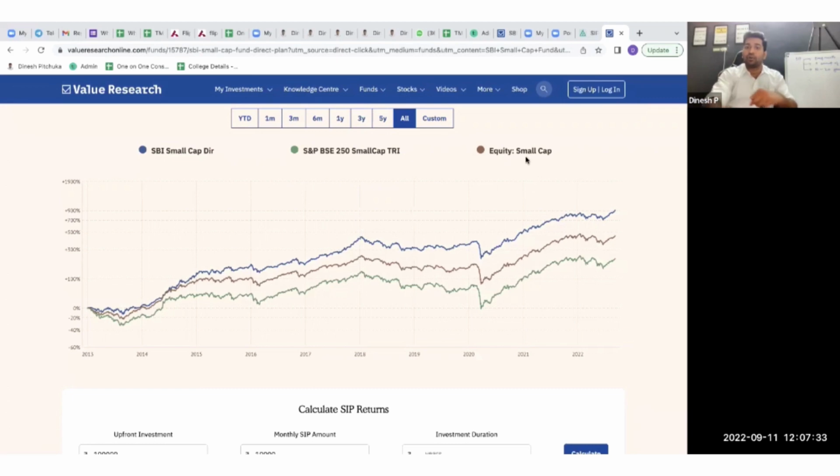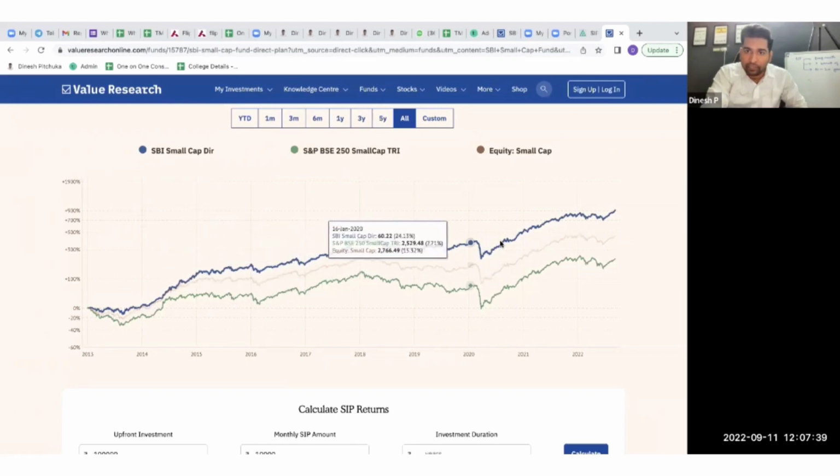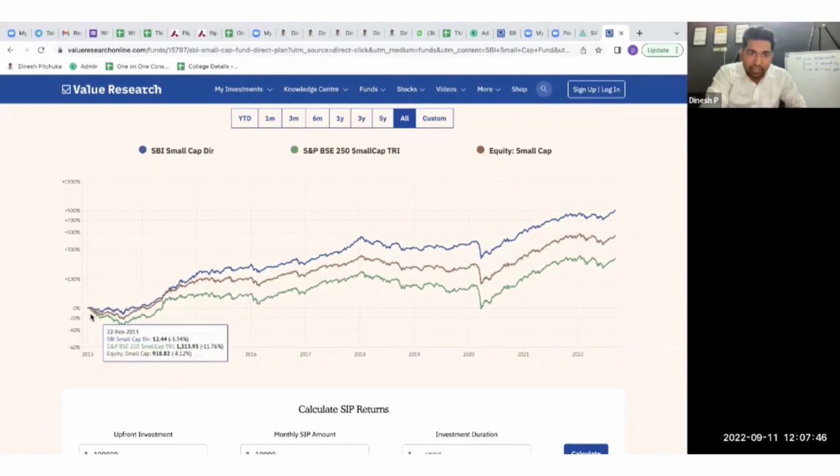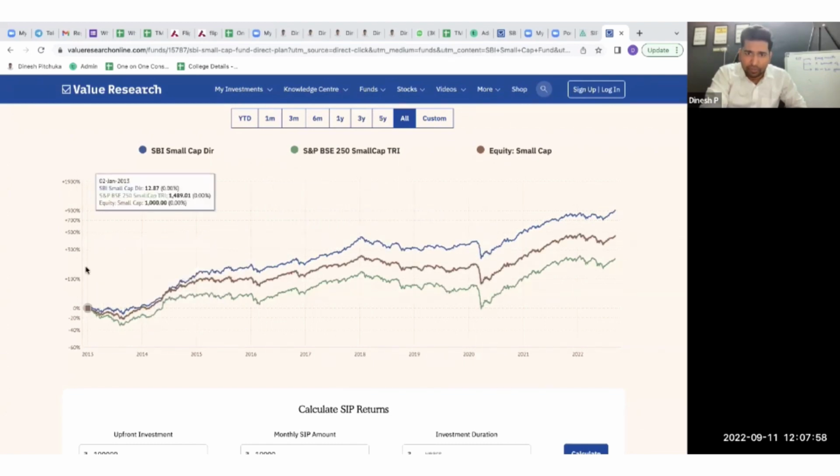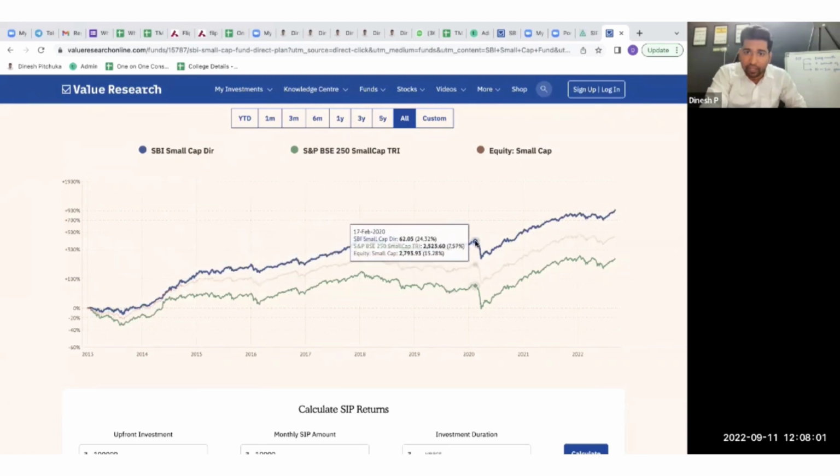If you compare SBI small cap, the blue one, the highest on top, how is its performance? Everybody started at the same place, but as the years passed by, the SBI small cap has been on top. It means that this is the growth they were having.